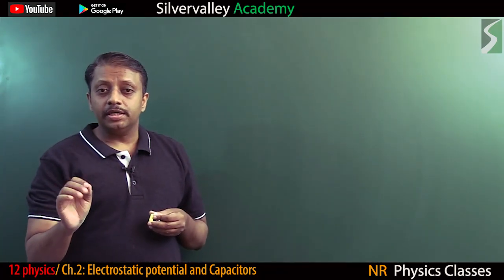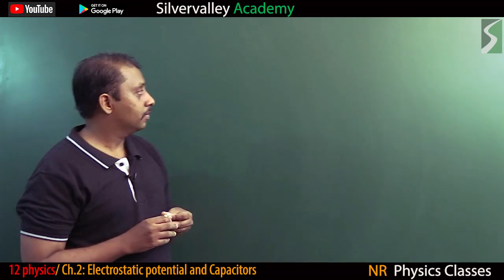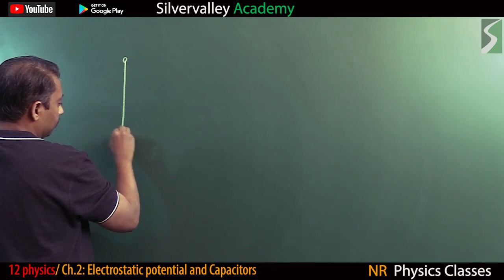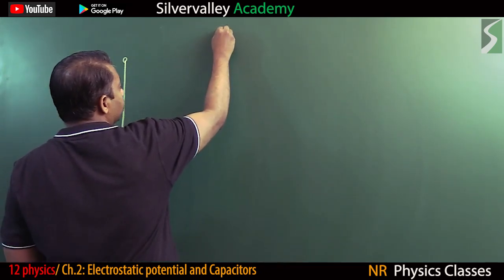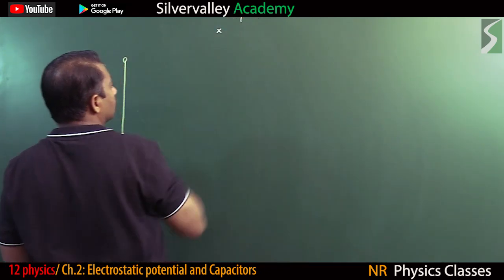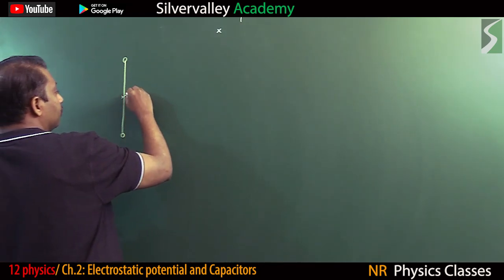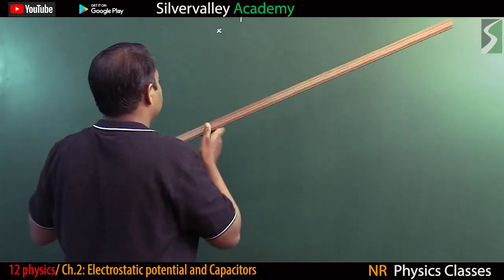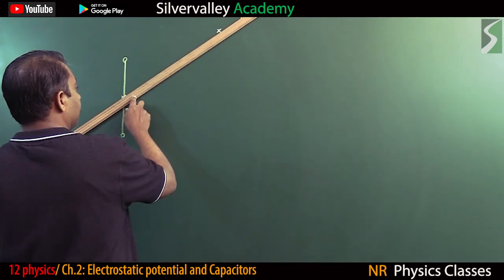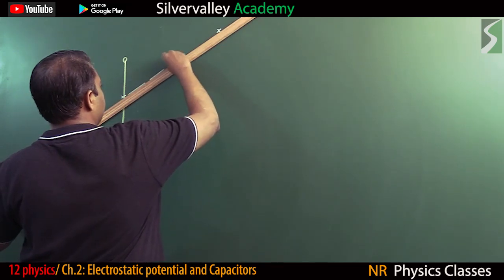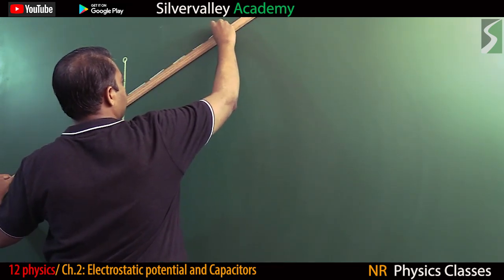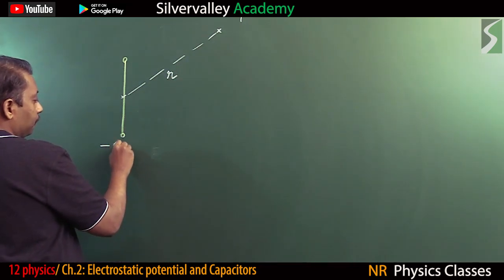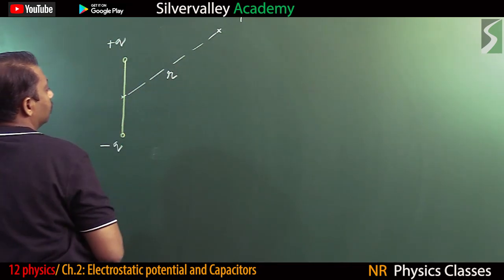Potential at a point due to an electric dipole. If this is an electric dipole, some point P at a distance r from the center. This is minus q, plus q.